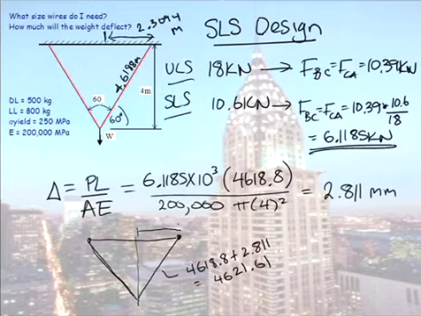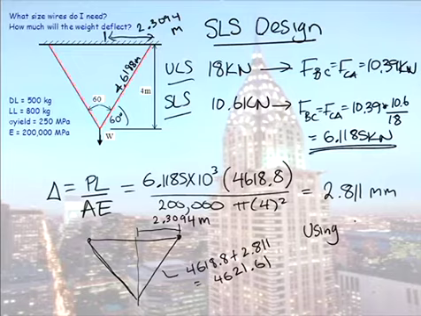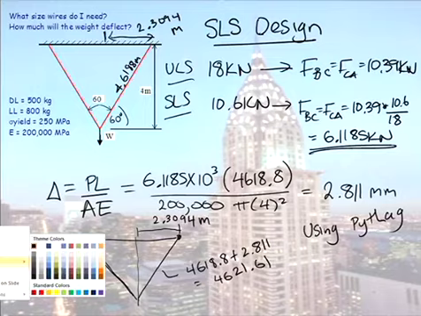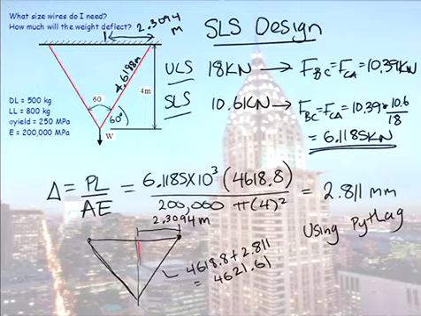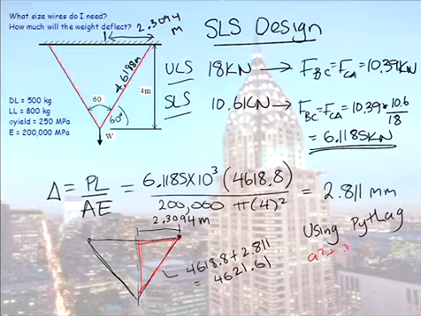So if I now use Pythagoras, who we all love, and based on this red triangle, I can say, of course, a squared plus b squared equals c squared.